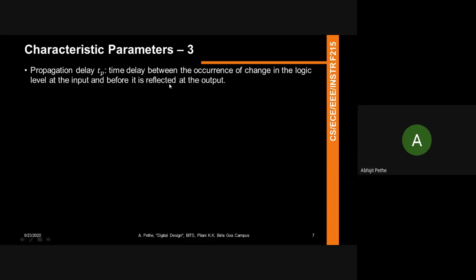So this assumes that whatever change you're making in the input will impact the output. So propagation delay is defined only when the input and output both change. If the output is not changing, then there is no concept of a propagation delay.